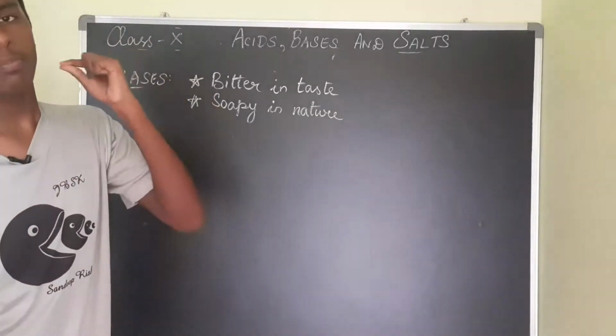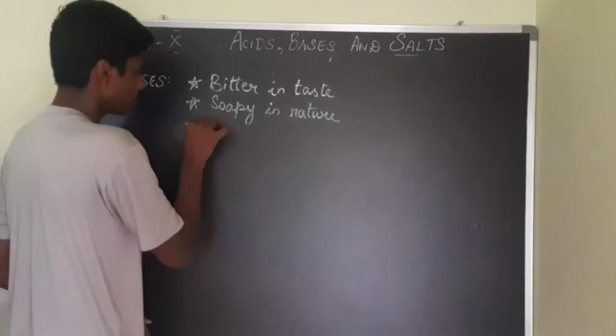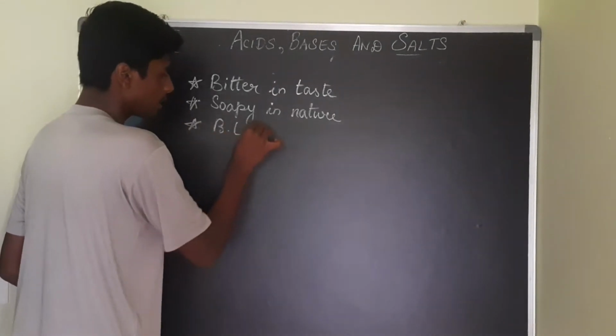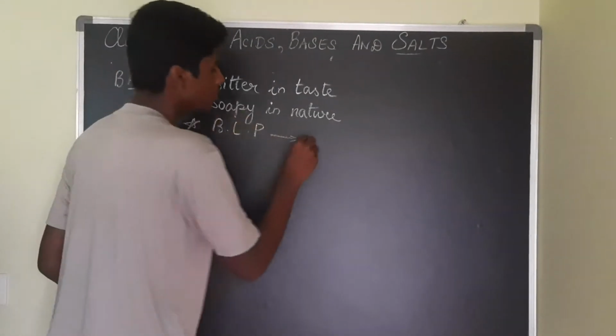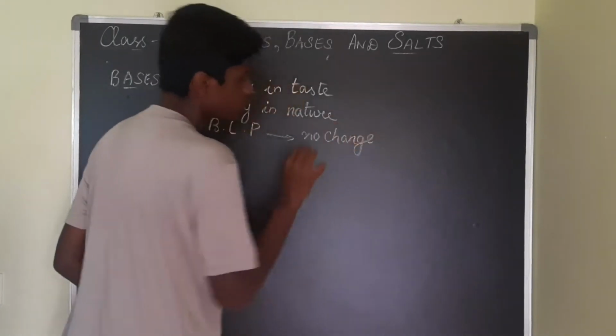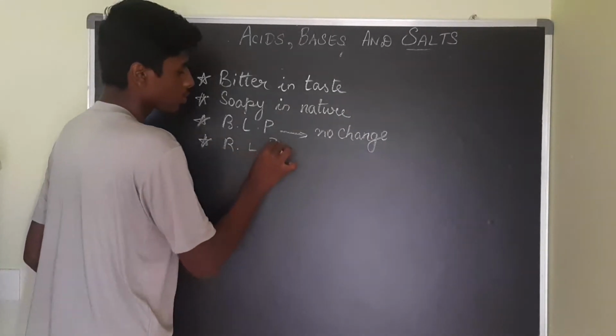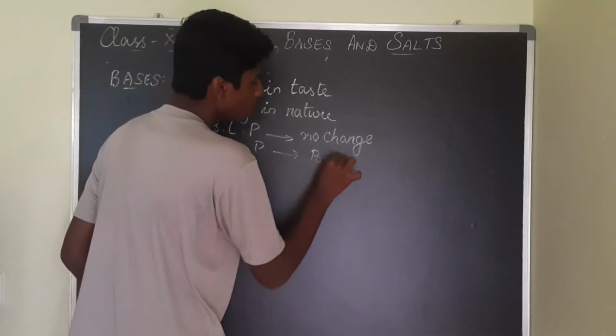When you dip blue litmus paper into a base, what will happen? There will be no change. But in the case of red litmus paper, it will change into blue.